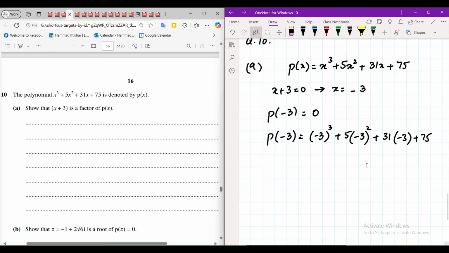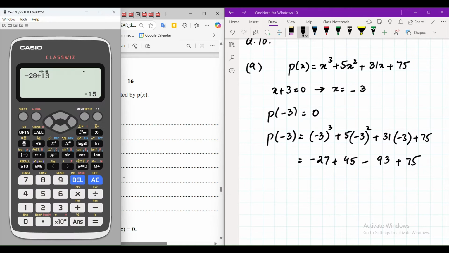So negative 3 cubed is negative 27. 5 times positive 9, 45. Plus 31 times 3, 93. Sorry, negative 93. And plus 75.